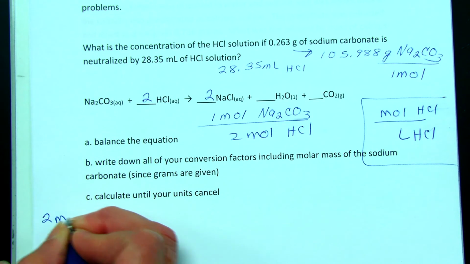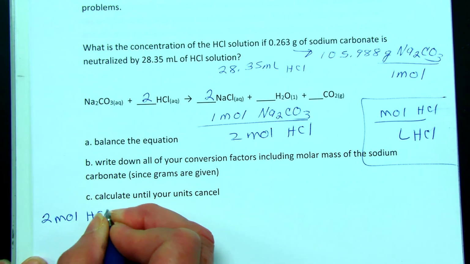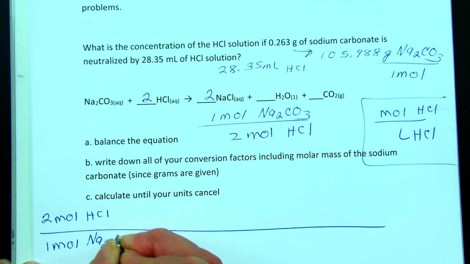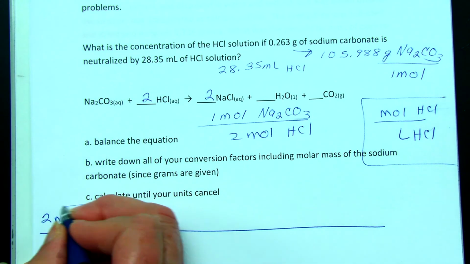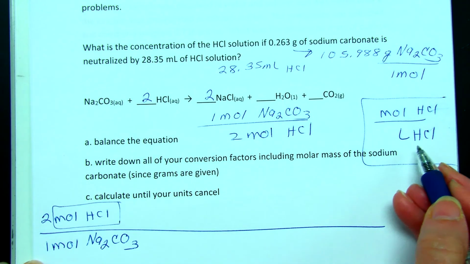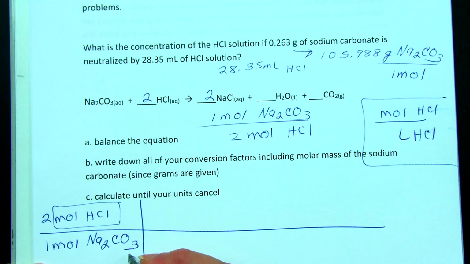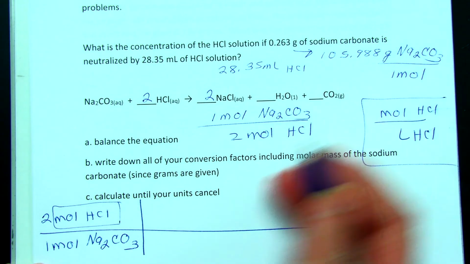So I have 2 moles of HCl uses 1 mole of sodium carbonate. I want to keep that moles of HCl. This is the unit I want to end up with on top, and I'll deal with the liters later. So now, how do I get rid of my moles of sodium carbonate?